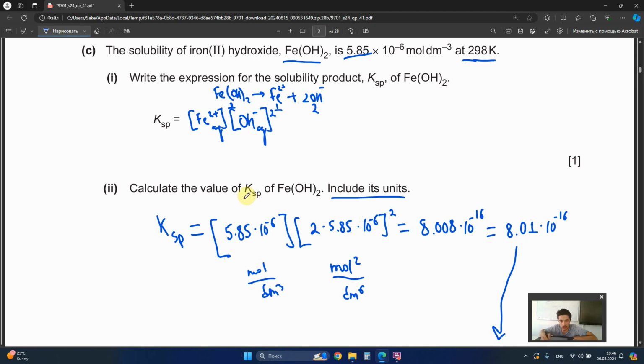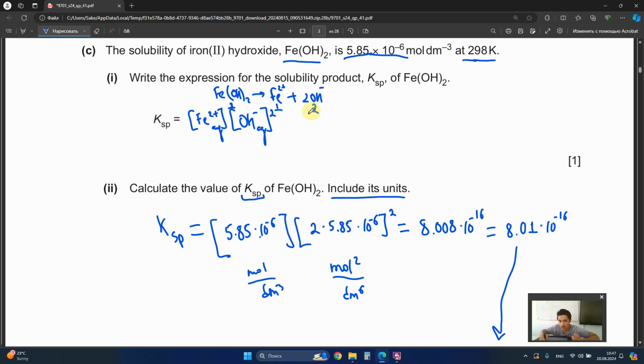Then you have to find out the solubility product of iron hydroxide. So according to our equation, iron ion concentration equals the amount of iron hydroxide dissolved. So we're simply taking this number and putting it here. Then we have to multiply it by the concentration of hydroxide ions.